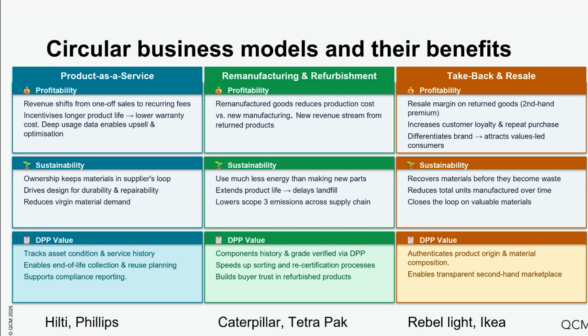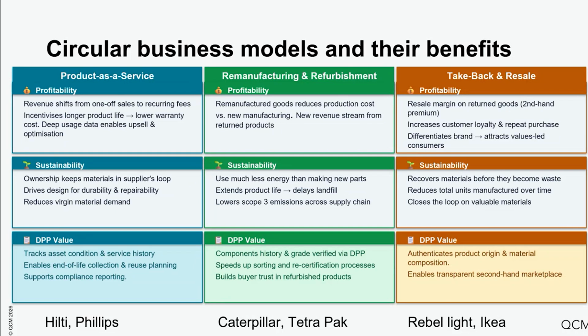Remanufacturing and refurbishment: you can reuse your parts, especially expensive parts. You might have parts in your product that have a very long lifespan, while the product as a total does not. Then you can reuse these parts and lessen the production cost a lot.